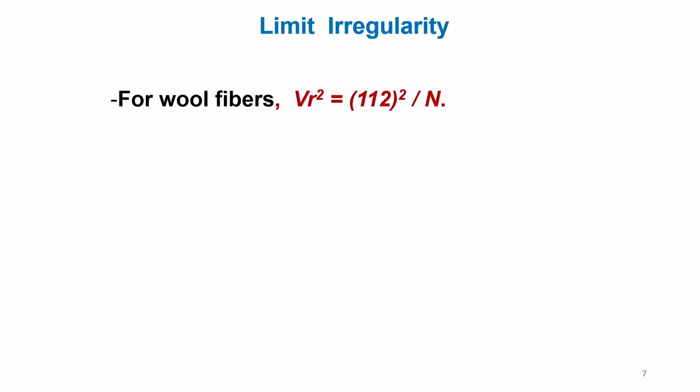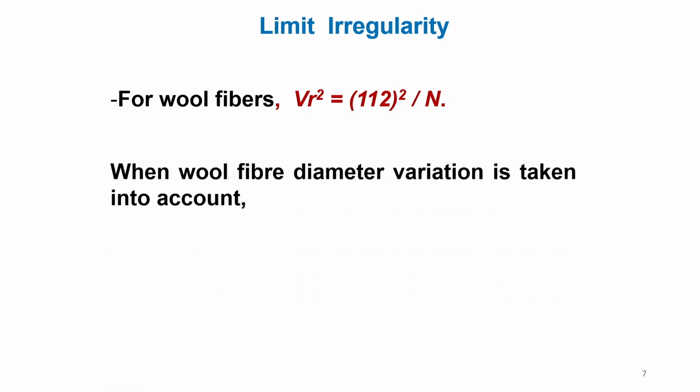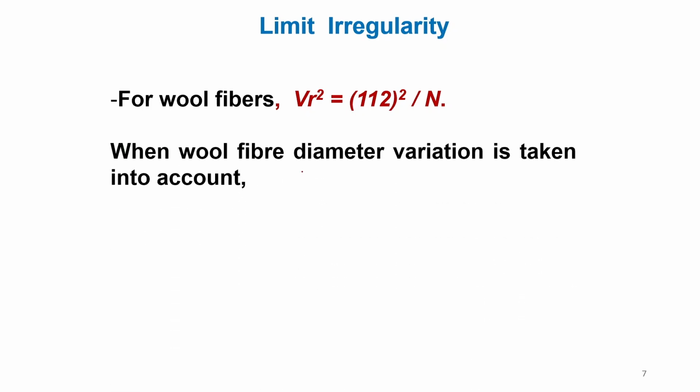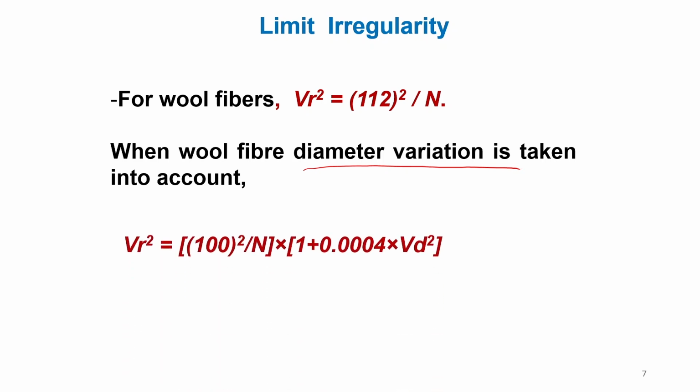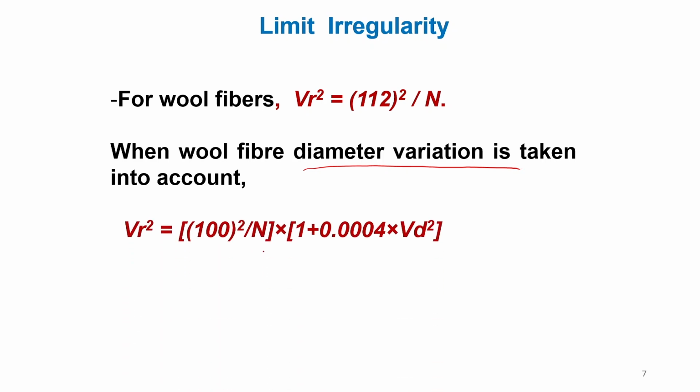So, for wool it is 112 square by n. When the wool diameter variation is taken, the equation will be changed to 100 by n multiplied by 1 plus 0.004 Vd square, where Vd is the variability in diameter.